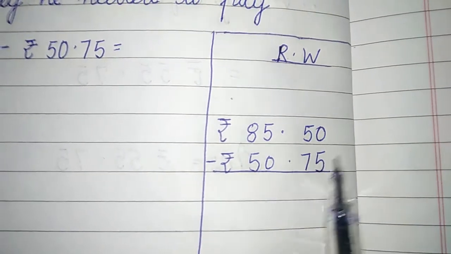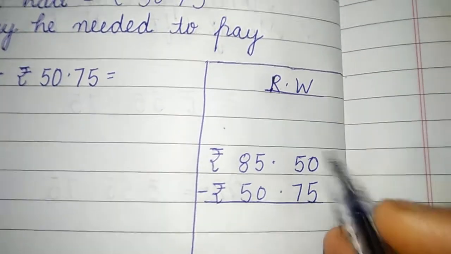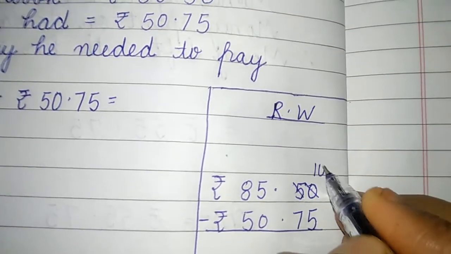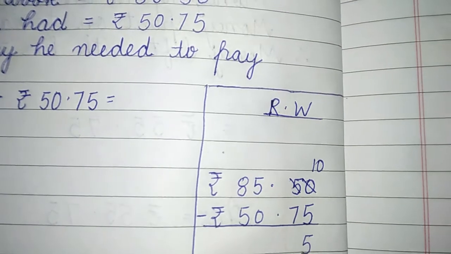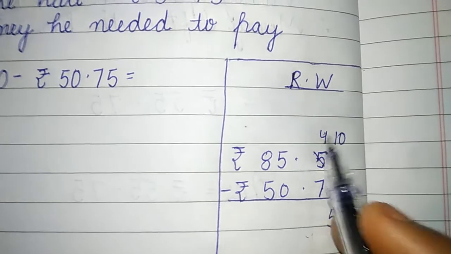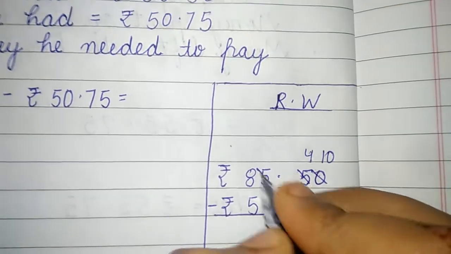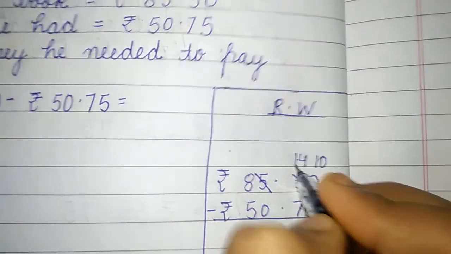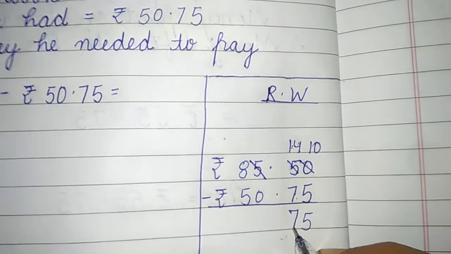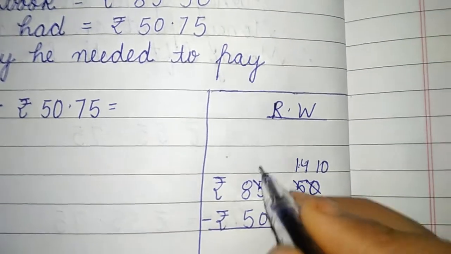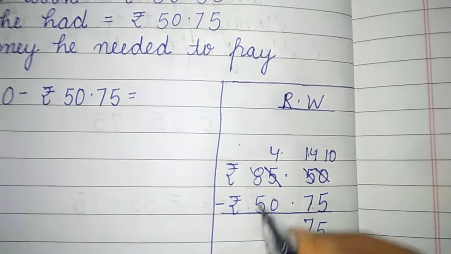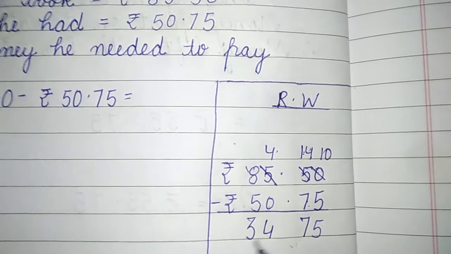0 cannot cut 5, so we will borrow from 5. 5 gave 1, 0 became 10. 10 minus 5 is 5. Here is 4. 4 cannot cut 7, so we will borrow from 5. 5 gave 1, 4 became 14. 14 minus 7 is 7. Here is 4. 4 minus 0 is 4. 8 minus 5 is 3.